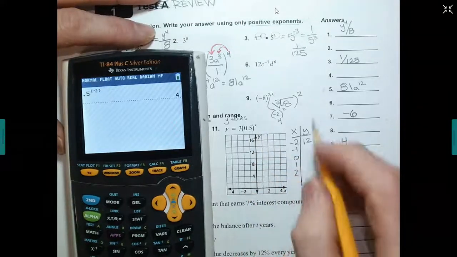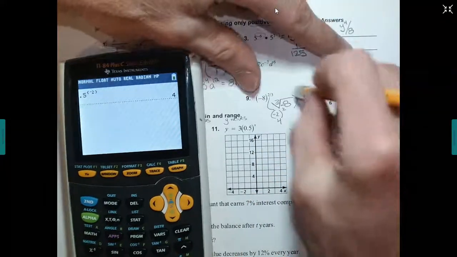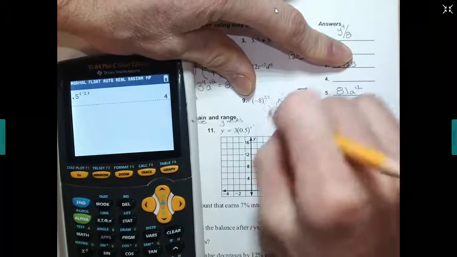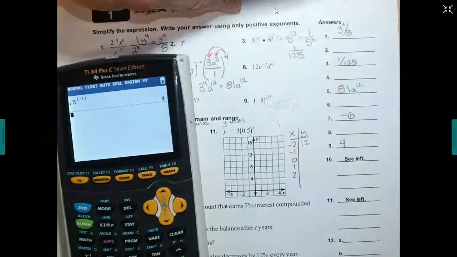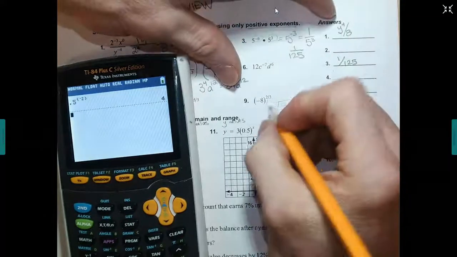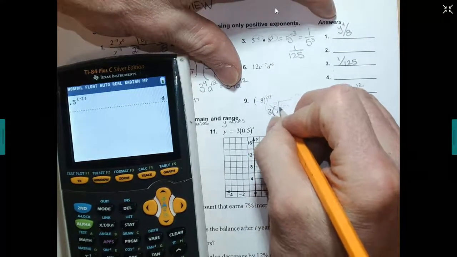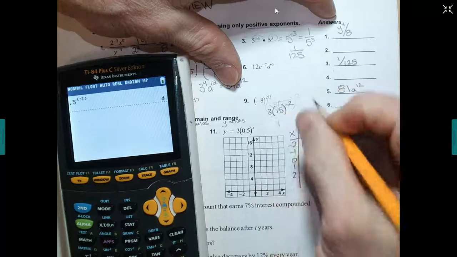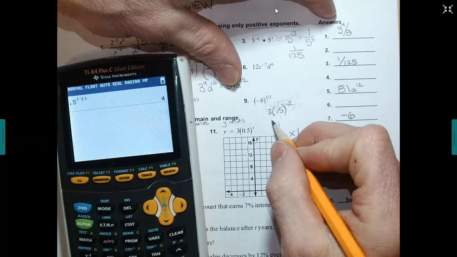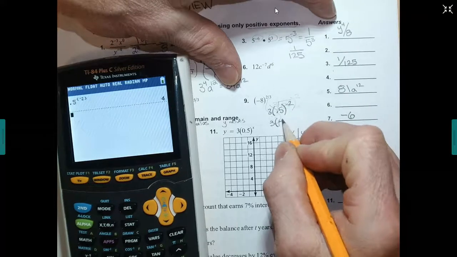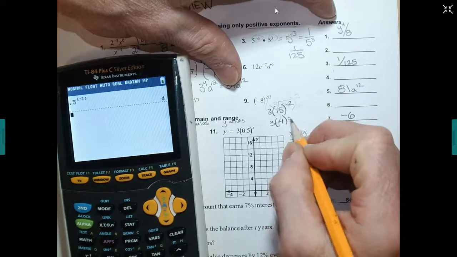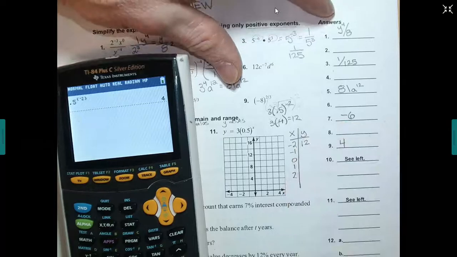Let me show you. Make some more space. I'll do this. So I did 3 times 0.5 to the negative 2. Well, 0.5 to the negative 2 is 4. So I get 12. That's how I got to 12.